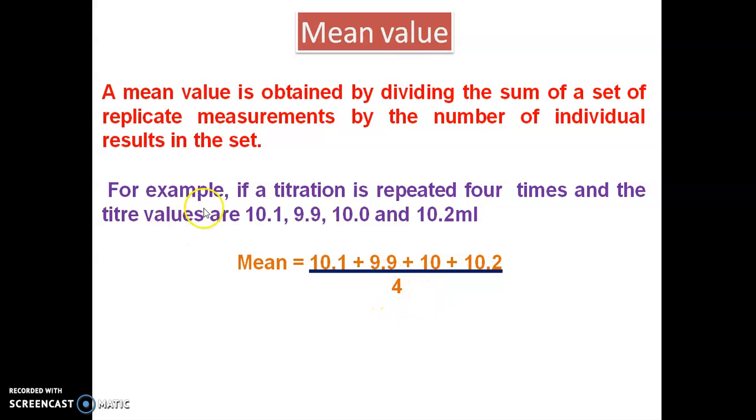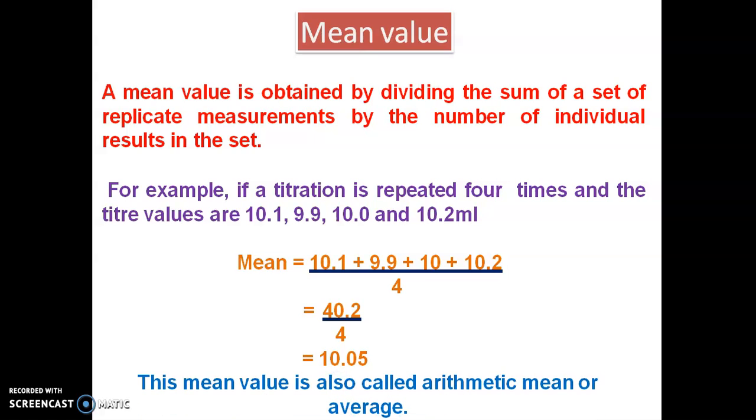Why do we take 4? Because 4 readings are there. So the answer is 40.2 upon 4, which comes out to be 10.05. This is all about the mean value. The mean value is also called the arithmetic mean or average.